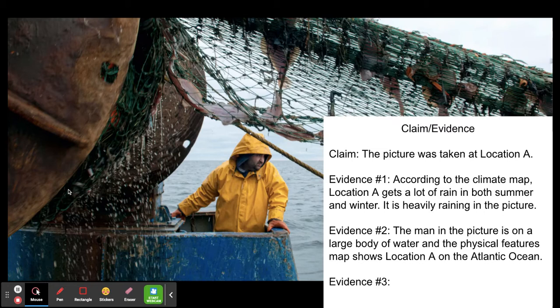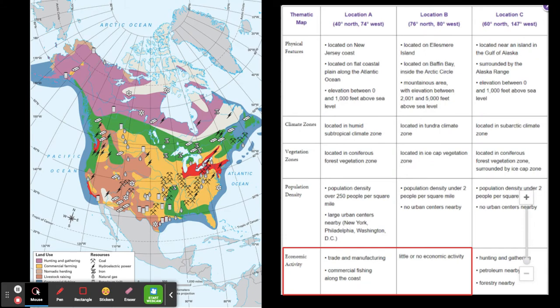The last map that we said that we would use is our economic activity. I think this is perhaps our strongest piece of evidence that we have. So, which one of the following statements would be evidence to support that this is location A?